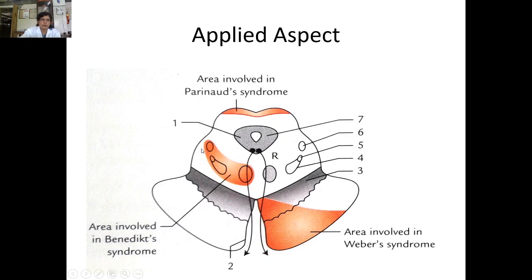The next syndrome due to a vascular lesion is called Benedikt syndrome, and the damage is present posteriorly in the tegmentum.